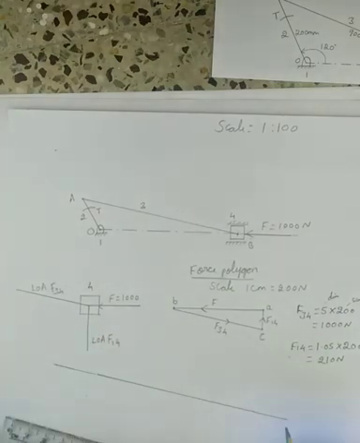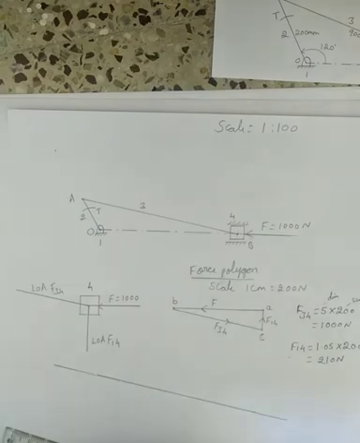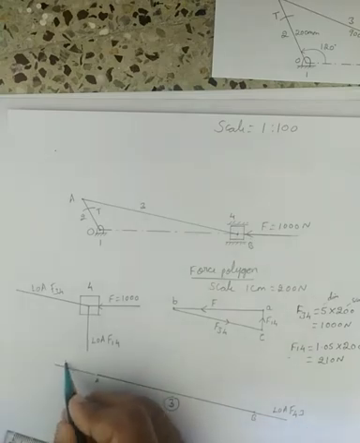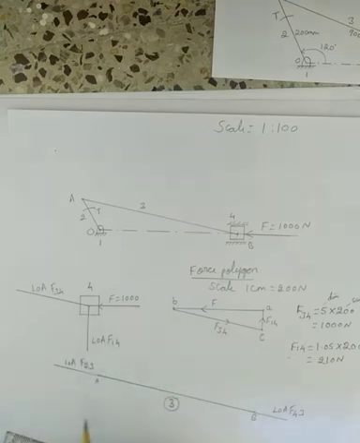I have just extended that, so up to here it is the AB line. So this is the link 3, acted on by two forces, one from link 4, another from link 2. So this is the line of action of F23 and this is the line of action of F43.